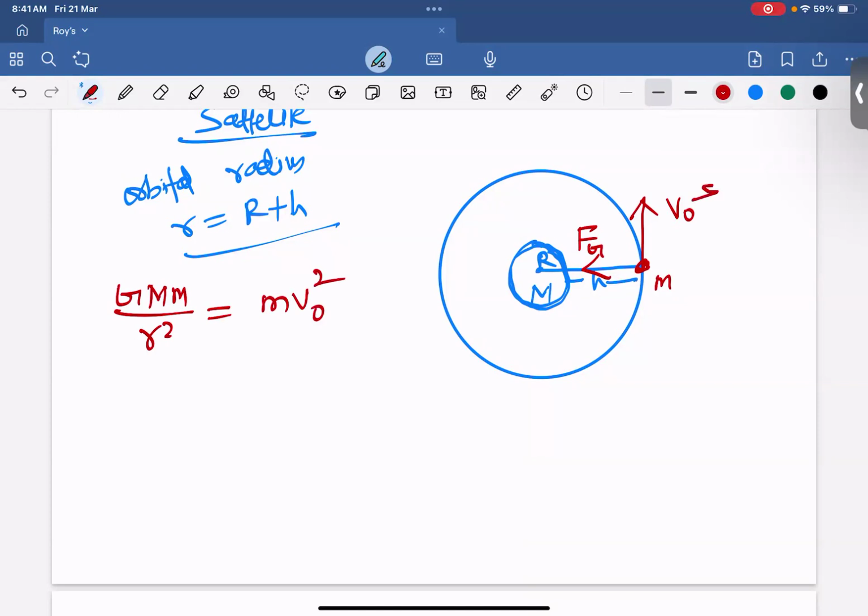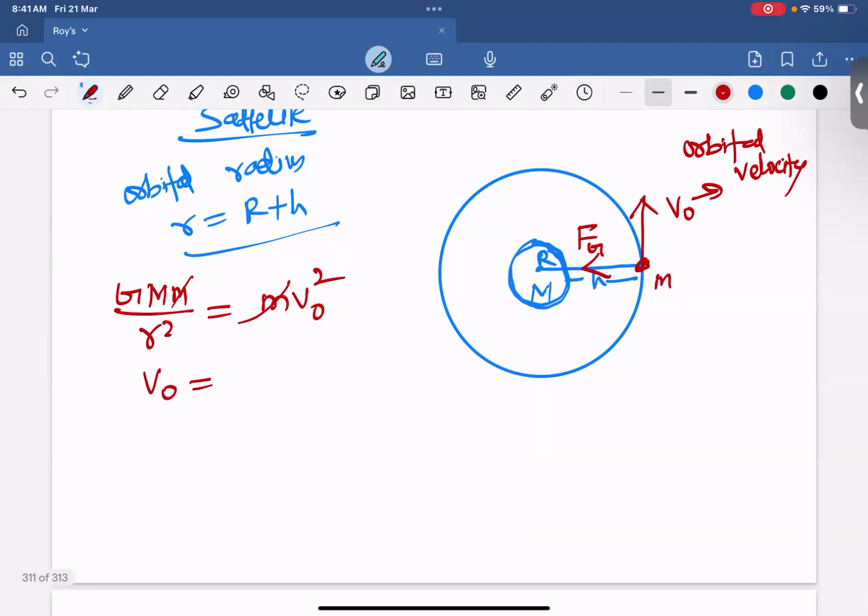Here v naught is the orbital velocity. So m we can cancel. So v naught squared is GM by r square times r, also one r will be cancelled. V naught will be under root capital GM by r.